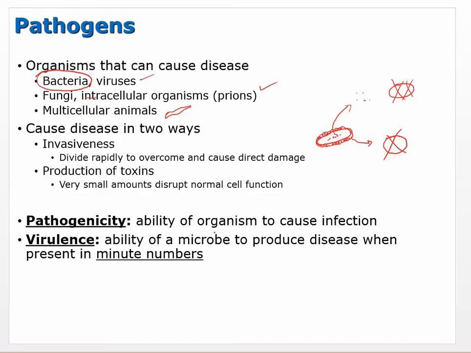If it takes just a few little bacteria to cause a massive disease response, we would say that's very virulent. If it takes a whole bunch of them to get in with no competition, then we would say it's not very virulent. You can overcome that if your immune system is strong enough. If it's not very virulent, usually your immune system can fight it off.